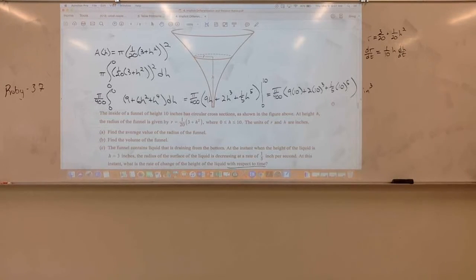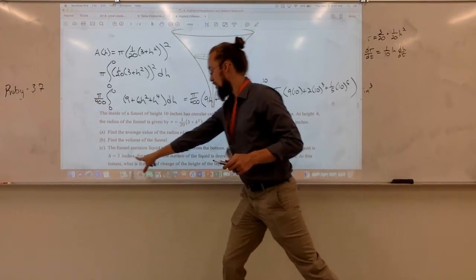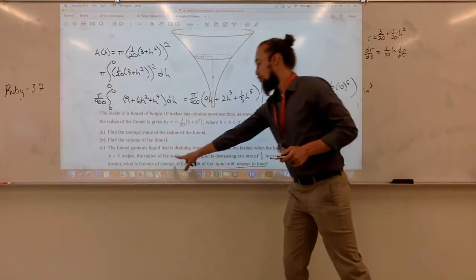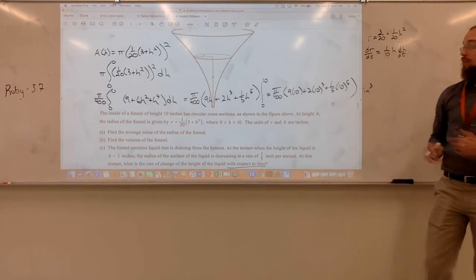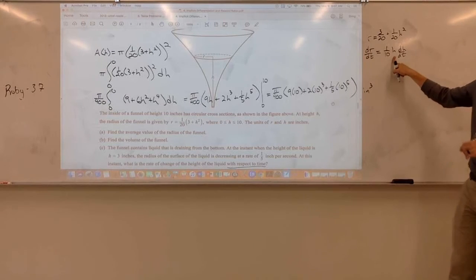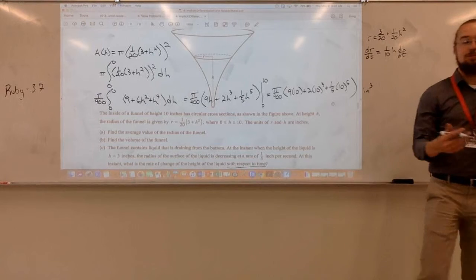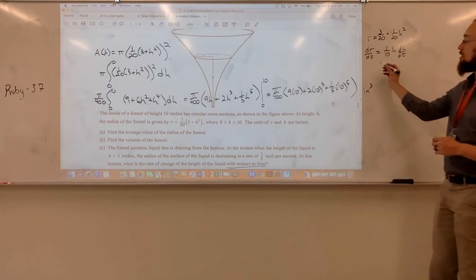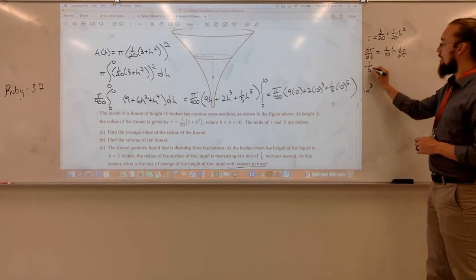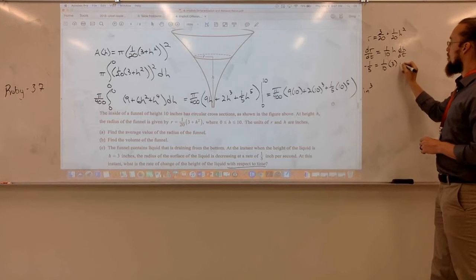Now let's take a look at the information that we're given. I'm told h equals 3, and the radius is decreasing at a rate of 1/5. So I'm going to plug in 3 for h, and dr dt is going to be negative 1/5, the rate at which the radius is changing. So that'll be negative 1/5 equals 1/10 times 3 times dh dt.